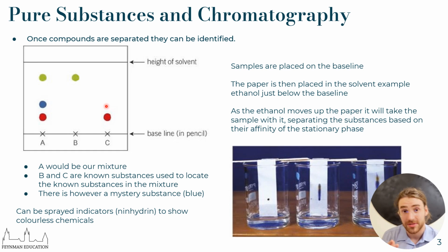Now this is where it becomes specific about how chromatography can be used to identify pure substances. Every substance will have a certain attraction to the chromatography paper. This will either make it run a lot quicker and higher than the other samples, or it will have a harder time moving up and move slower and be at the bottom. Okay, so what's going to happen is we can measure how far the sample moved and how far the solvent has moved.